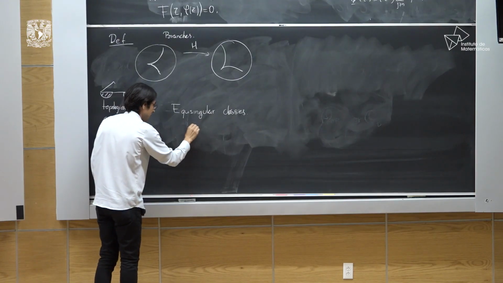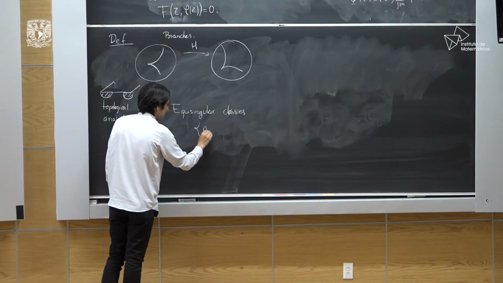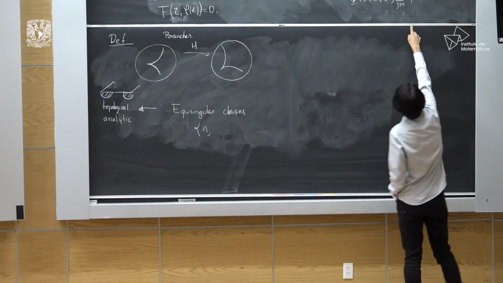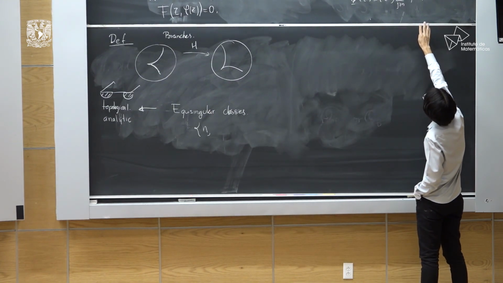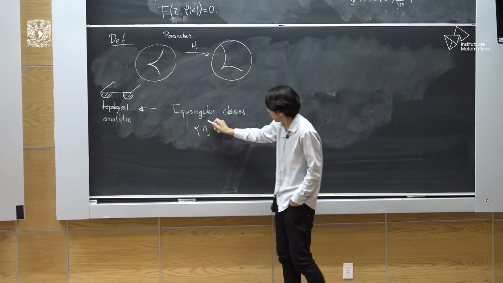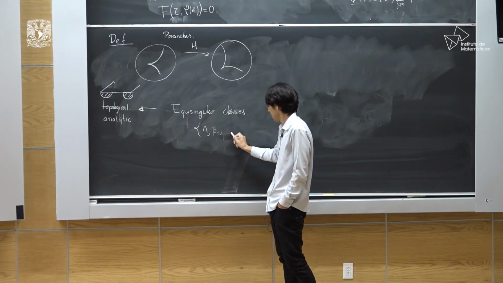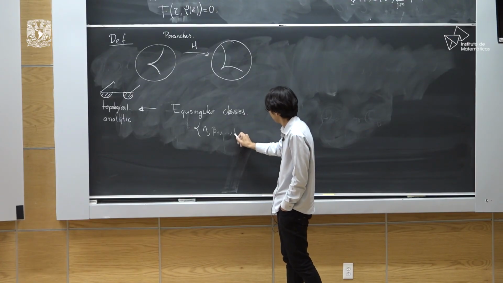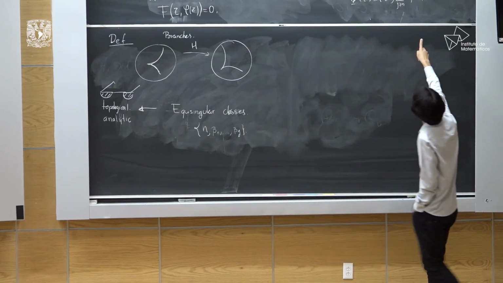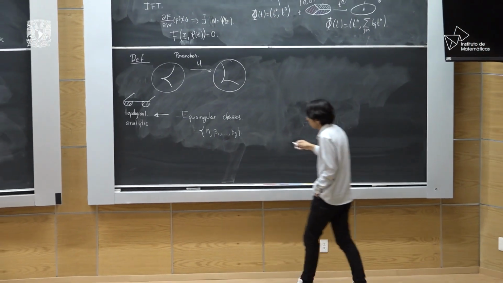I will put here the characteristic class of the curve, that is data given in terms of the Puiseux parametrization of the curve, that is the multiplicity, and here appear other integers of the Puiseux parametrization.